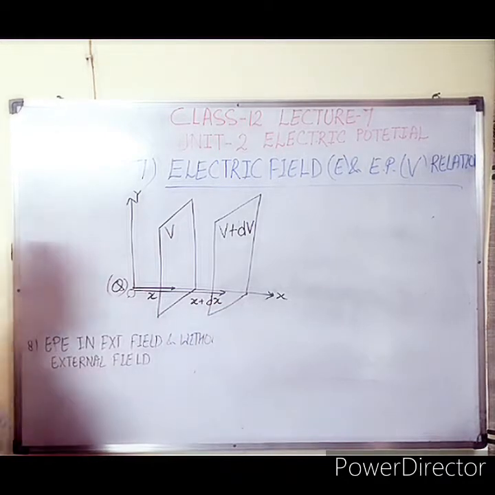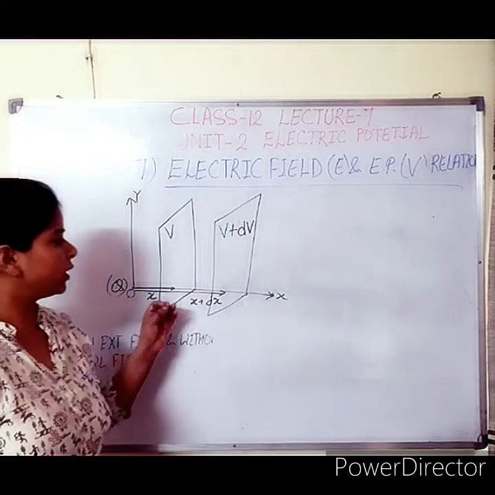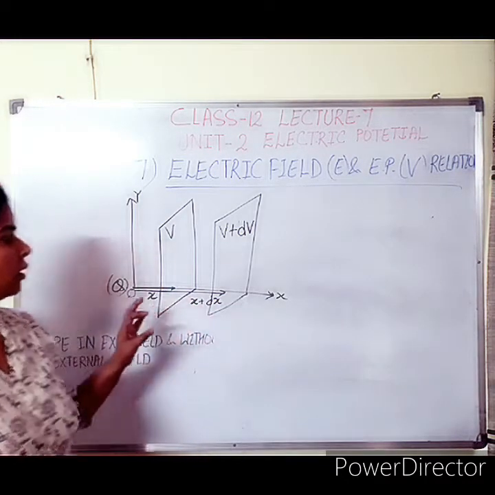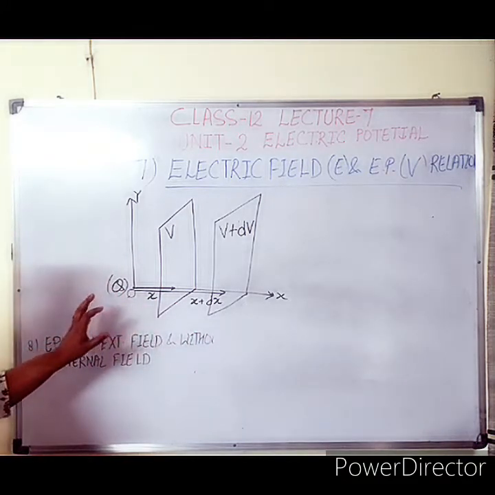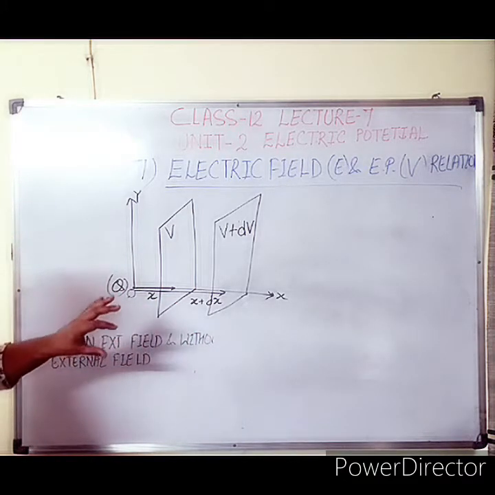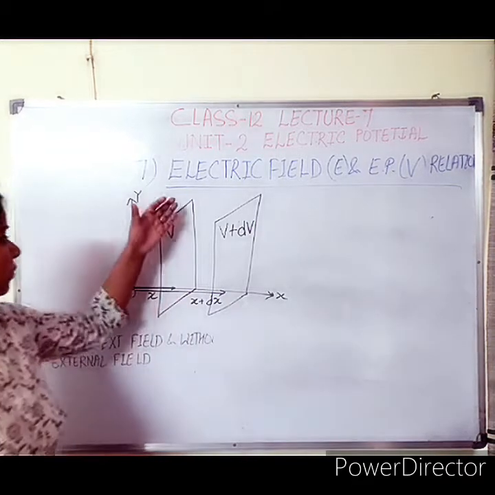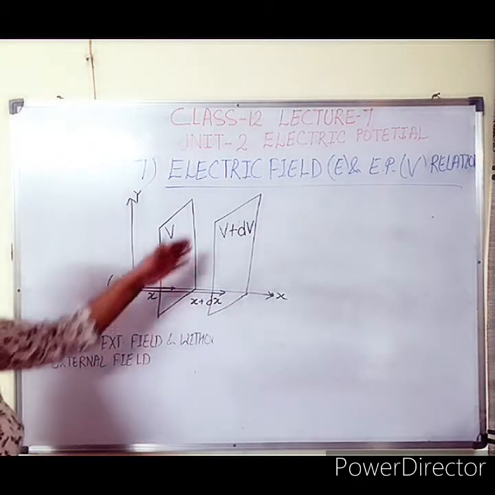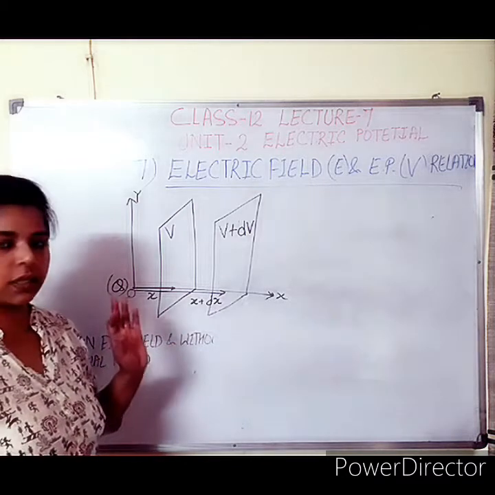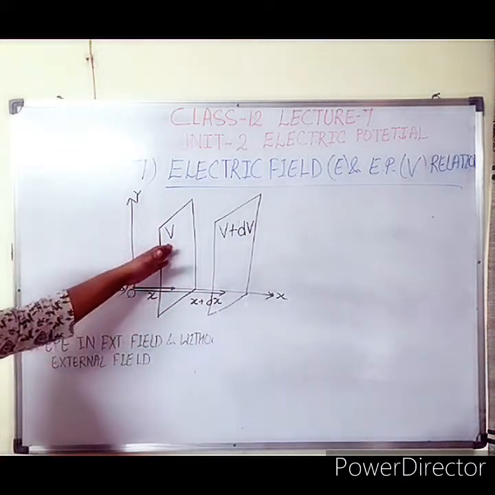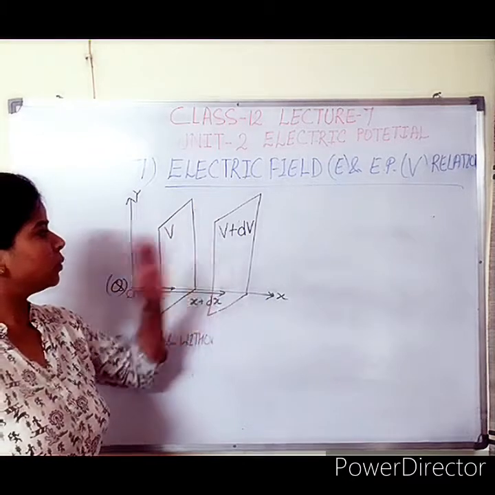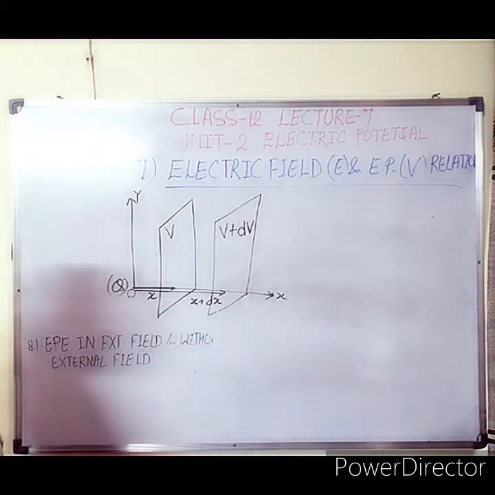Is it okay? You can assume any notation, any symbol. It depends on you, whatever way you adopt, but the steps and concept should be the same here. So the first surface is at x distance and the second surface is at x plus dx distance. The first surface potential is V and the second surface potential is V plus dV.